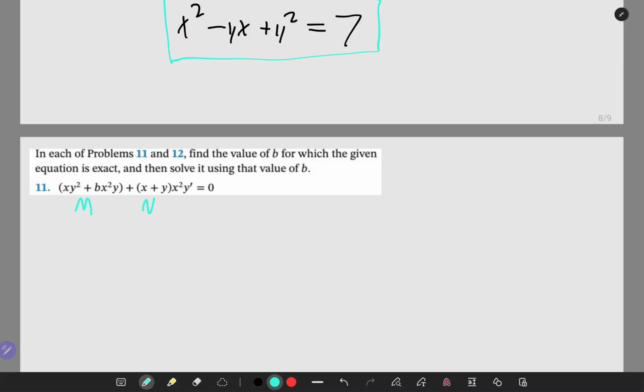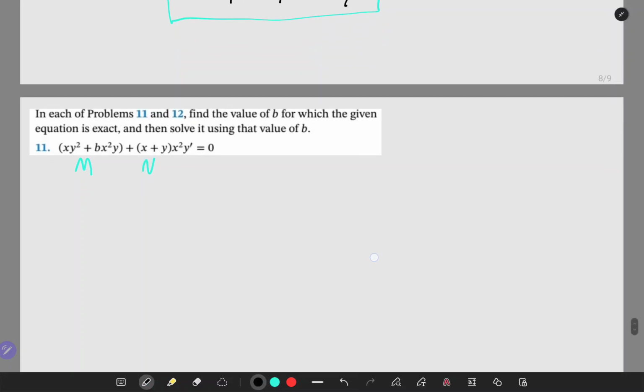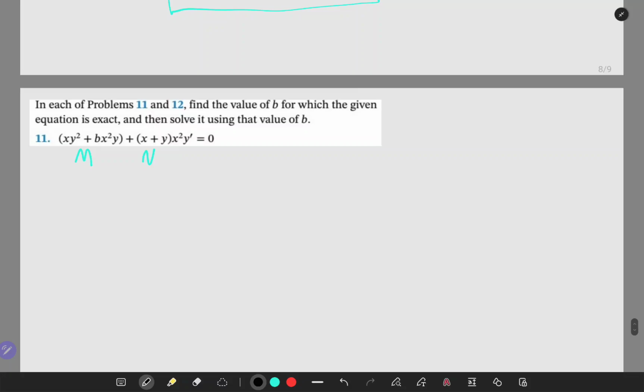All right. So first things first, I noticed that our n is undistributed. So we have to distribute that x squared into there. So this is xy squared plus bx squared y plus x cubed plus x squared y times y prime.